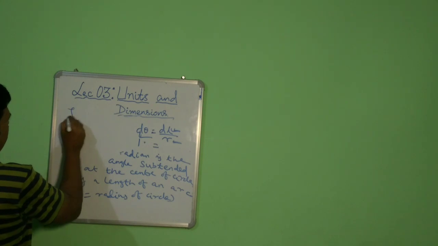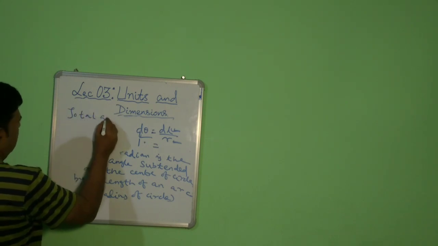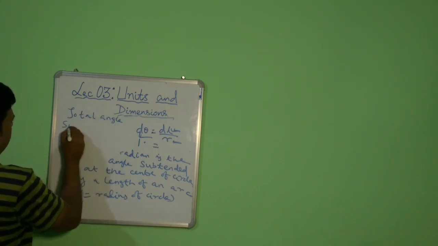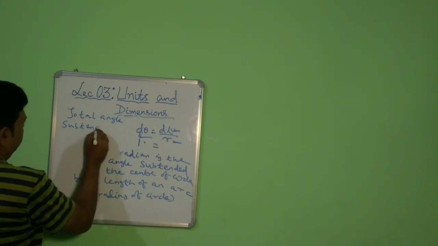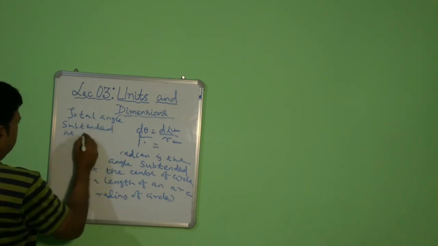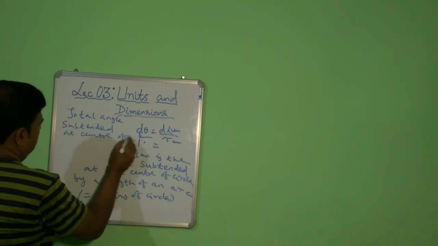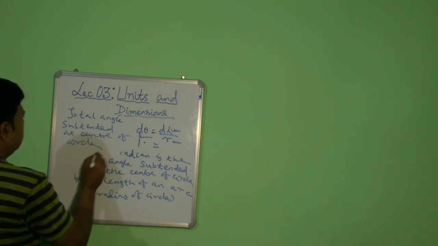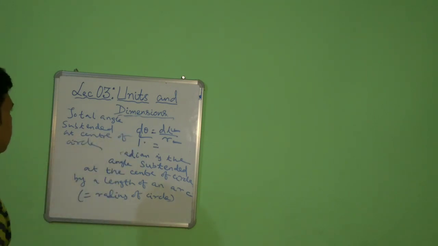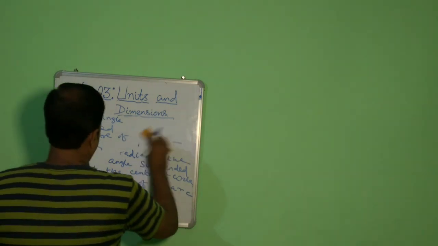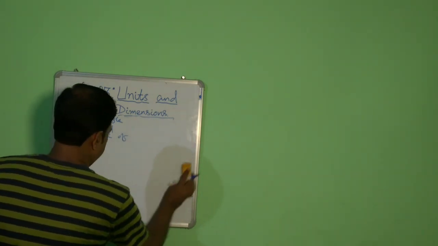So the total angle subtended at the center of a circle, what will be the value? We will calculate this.